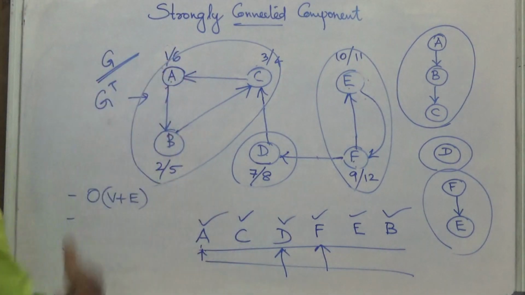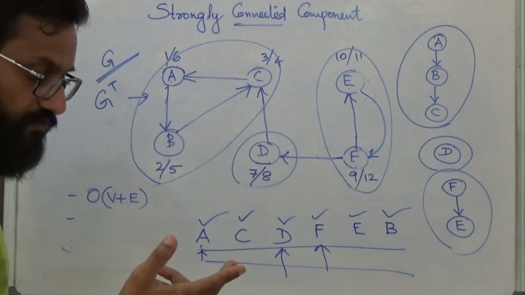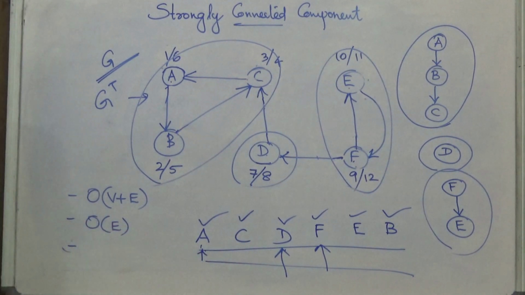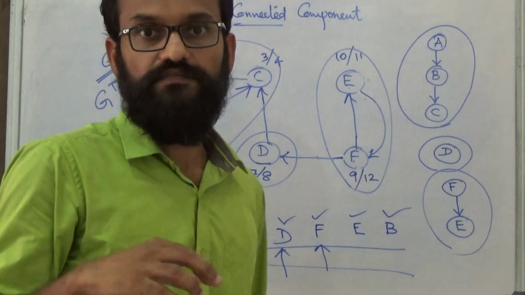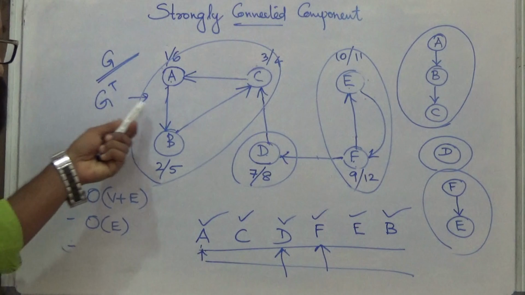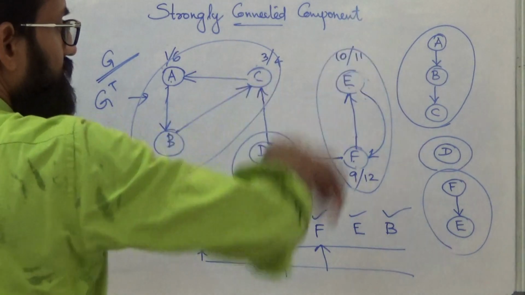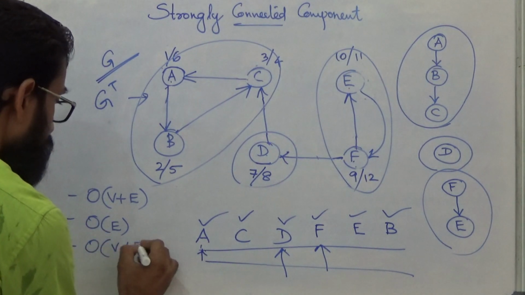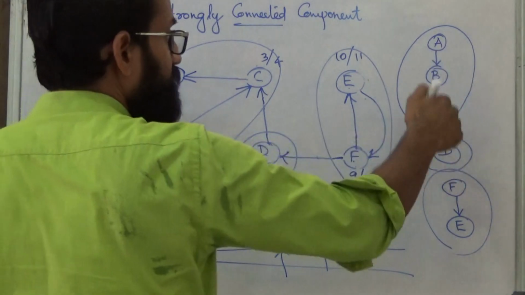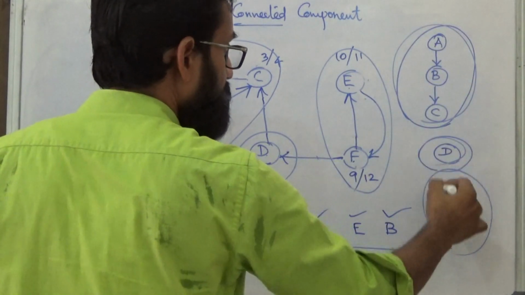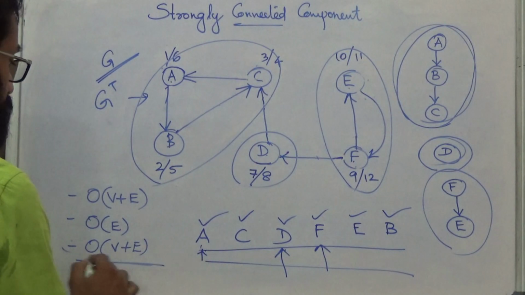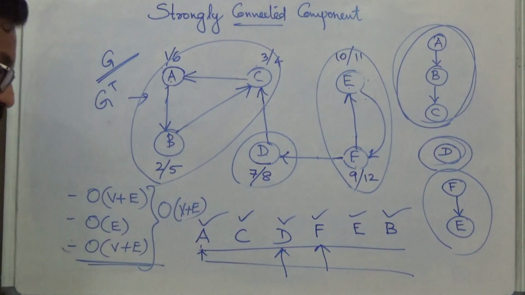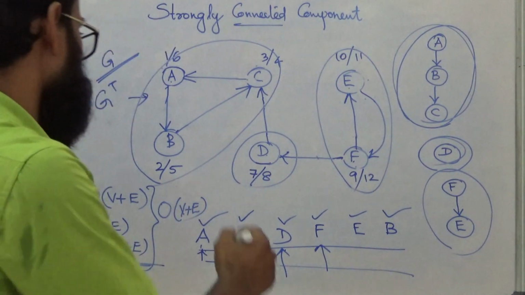In order to transpose the graph, you have to invert all the edges, so the runtime depends on the number of edges, that is order of E. Now you have to perform DFS on G transpose to obtain the DFS forest. That takes again order of V plus E. And return this DFS forest. Each tree in the forest represents a strongly connected component. So the total runtime will be order of V plus E. That's it.